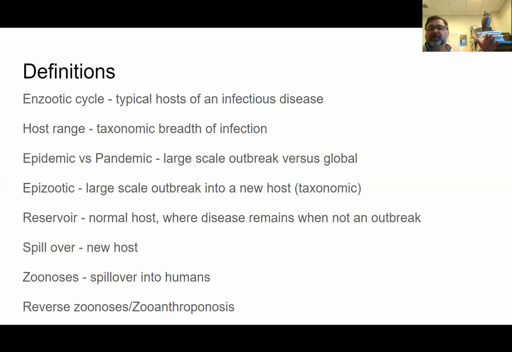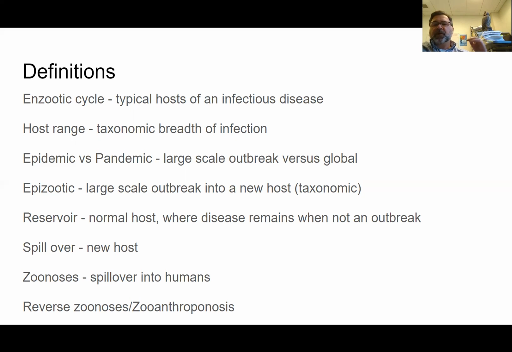So that's an epizootic, when you go out of your normal cycle and jump into something new, and it creates an outbreak there. A reservoir is the normal host, and it's where the disease remains when not in an outbreak. Okay. So the reservoir for West Nile would be the birds.